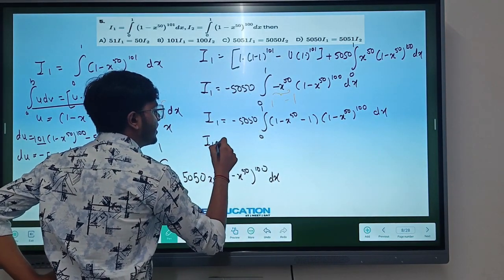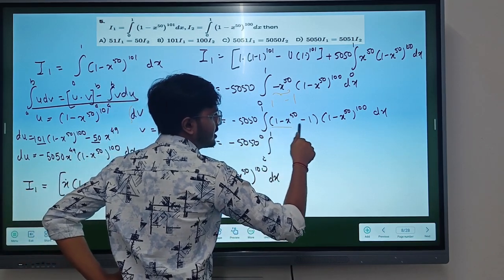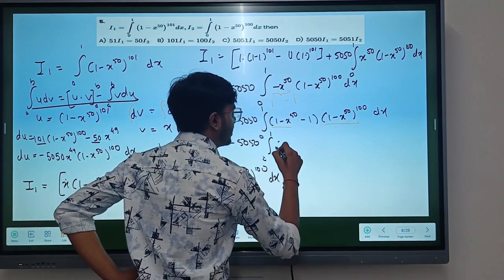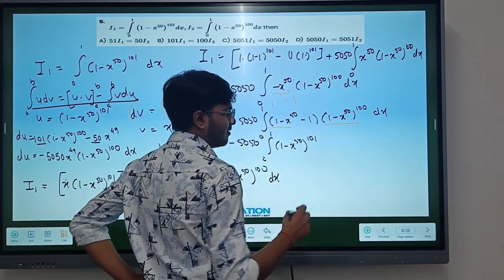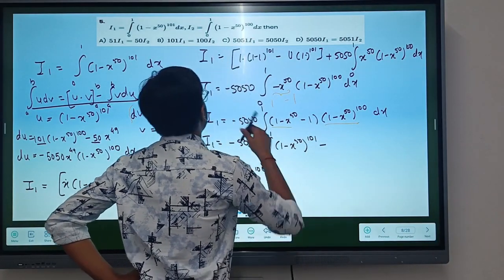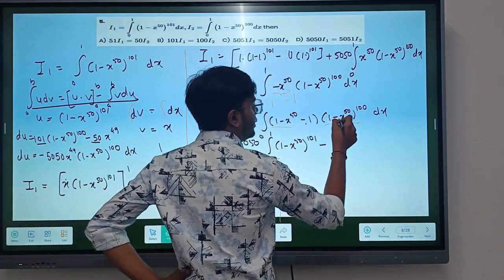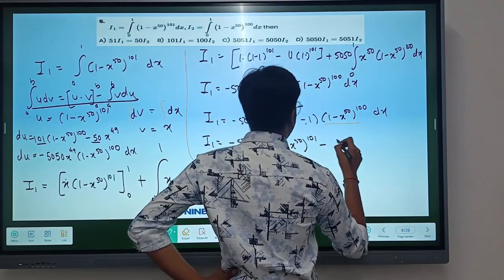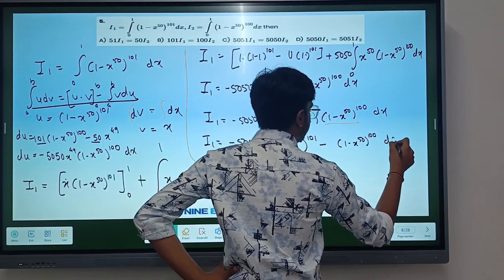So I1 would be minus 5050 from 0 to 1, (1 minus x^50) multiplied by (1 minus x^50)^100, that is (1 minus x^50)^101, minus 1 into (1 minus x^50)^100 dx.